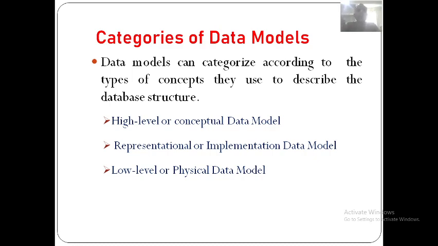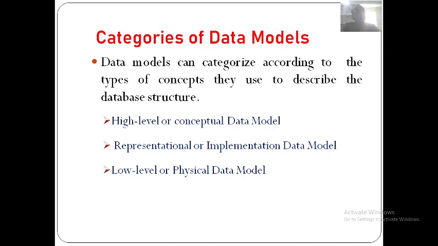Which are the entities in a college database? For example, student is one entity, employee is another entity, then course is another entity. Then other things like branches, etc. These are called entities, and we have identified the entities.